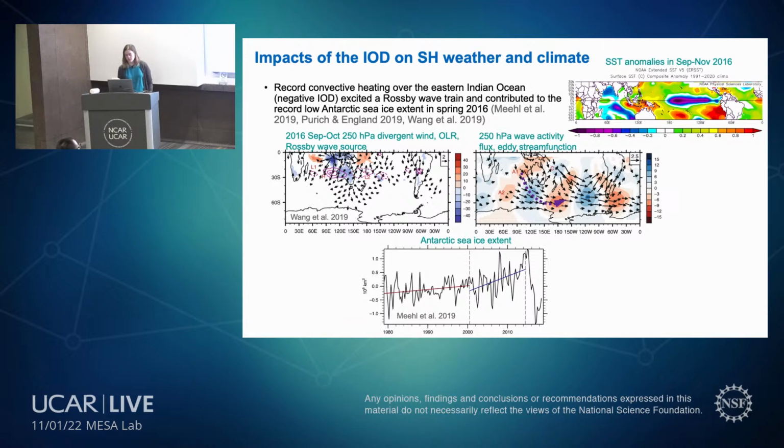And so several studies, both here at NCAR and in Australia, indicated that this record negative IOD event contributed to the record low Antarctic sea ice extent that occurred in that same season. And that was because this increased convection that occurred in the Eastern Indian Ocean triggered a poleward and eastward propagating wave train towards Antarctica, where it then modified the local circulation there and contributed to this sea ice decline.